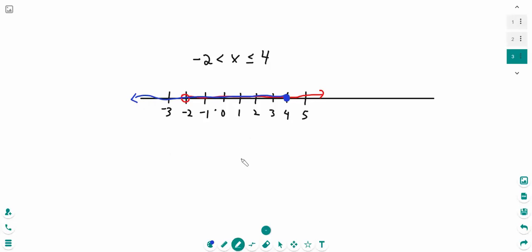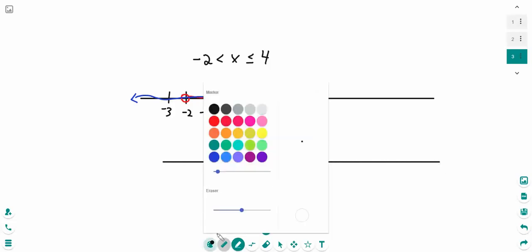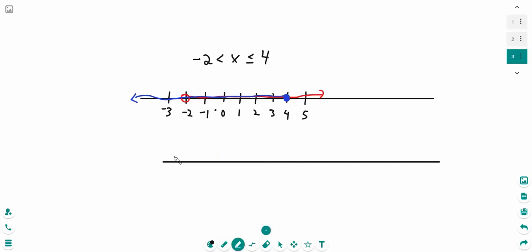Okay, and then finally, for our solution, we need to look at where those two graphs overlap. Where are both conditions true? So we'll just rewrite this real quickly. We have -3, -2, -1, 0, 1, 2, 3, 4, and 5.